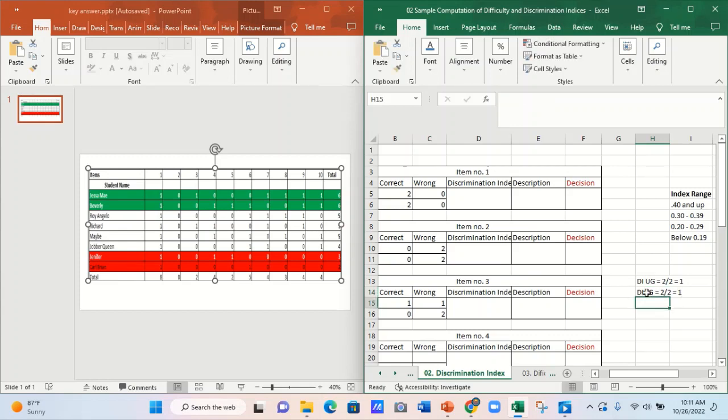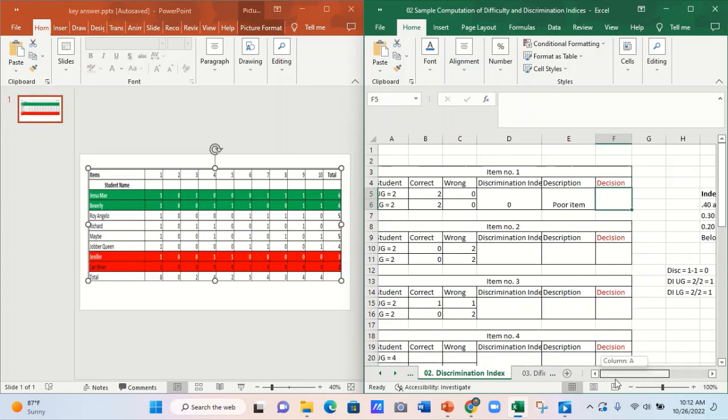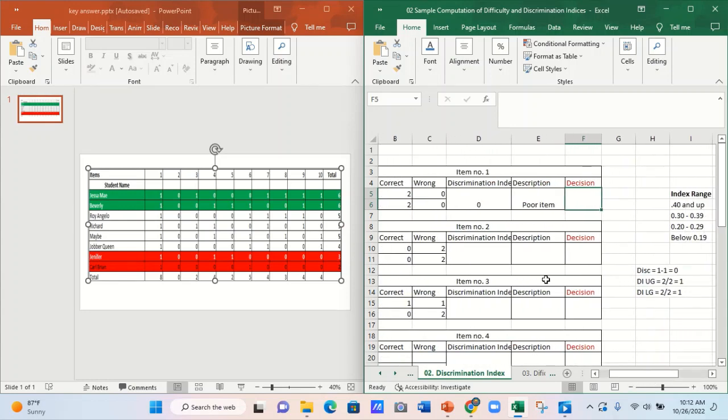Now the discrimination index is 1 for the upper group minus 1 for the lower group, therefore the discrimination index is 0. So we got 0 discrimination. And when we say 0 discrimination, we regard it as a poor item. And when it is a poor item, a decision can also be made about it.